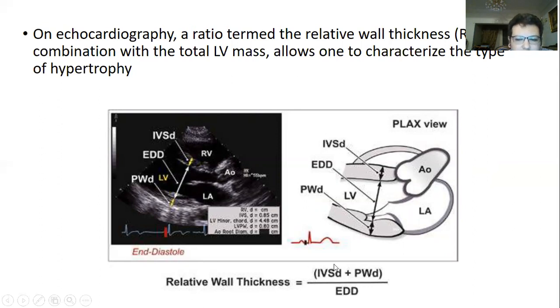Relative wall thickness is the sum of the diastolic wall thickness of the interventricular septum and the diastolic wall thickness of the posterior wall divided by the end-diastolic diameter, as demonstrated in this diagram.